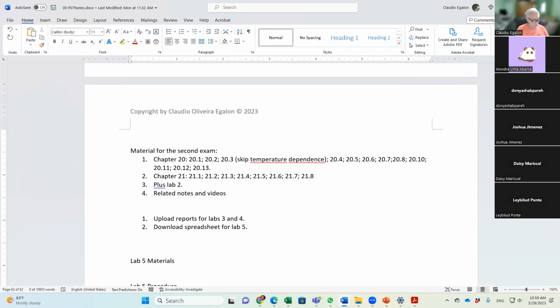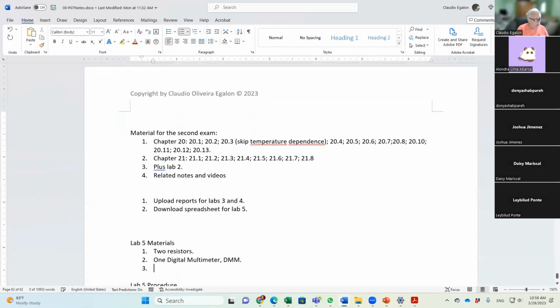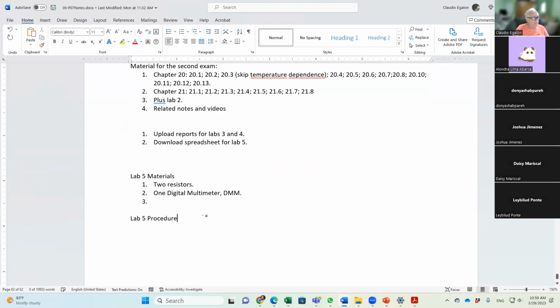What do we use? 2 resistors and 1 digital multimeter. So the first step is to measure the resistance of each resistor with the DMM.